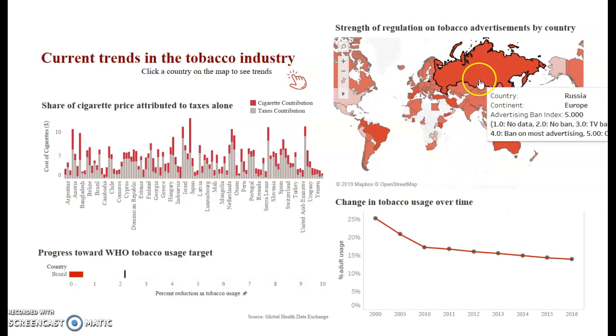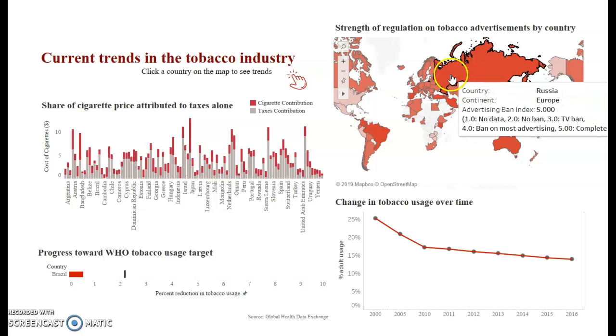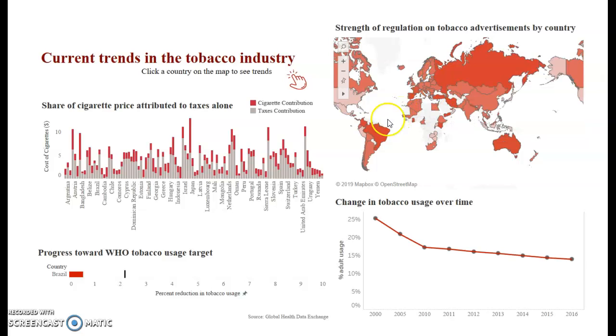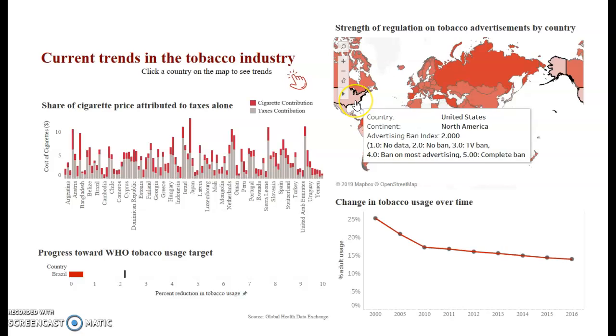Countries like Australia and Russia have a 5 on the tobacco advertisement index, which means, as you can see in our tooltip, that they have a complete ban. So it is completely illegal in a country like Russia or in Brazil to have advertisements for tobacco. But a country like America, which has a 2.0, doesn't have any bans.